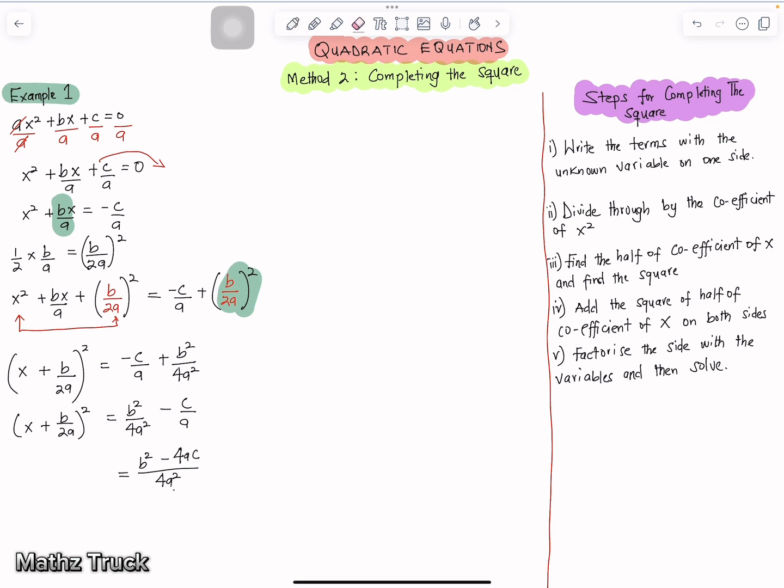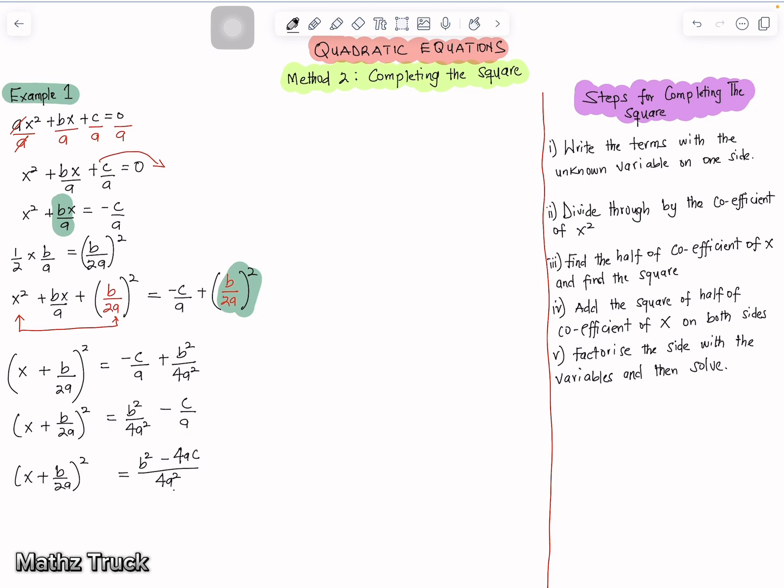That still gives us x plus b over 2a all squared. Now we can easily find the square root on both sides.